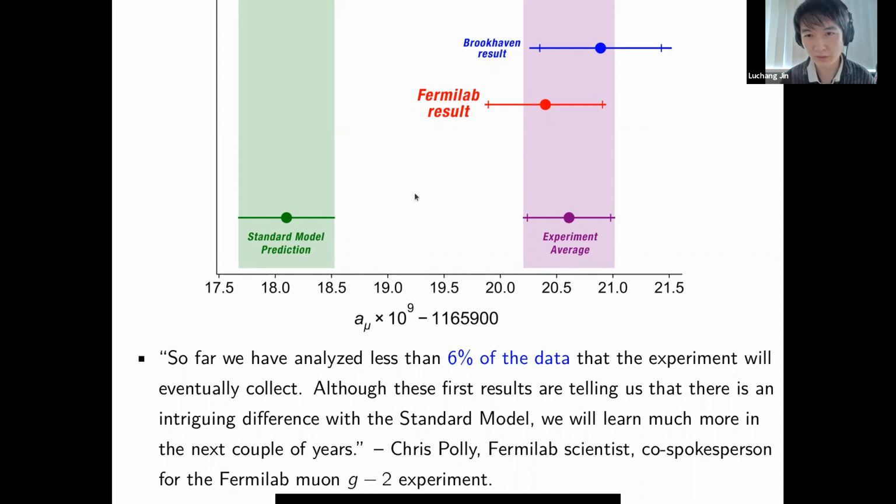We also expect that in a few years, Fermilab will accumulate more statistics and announce much more precise results. Then if the standard model prediction doesn't change, we will have a pretty clear signal for new physics.